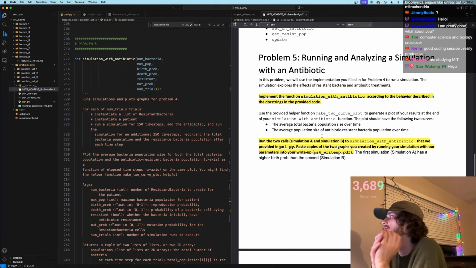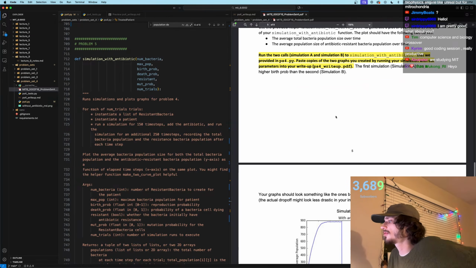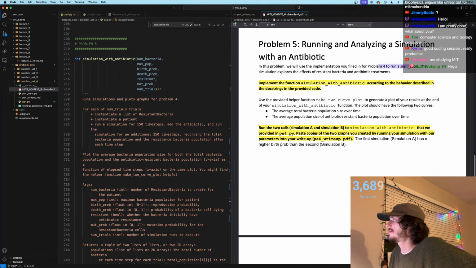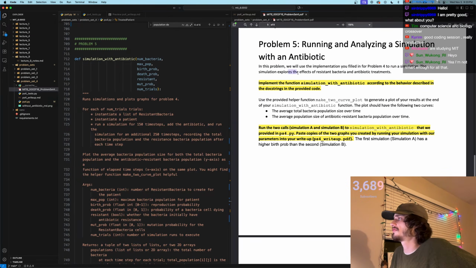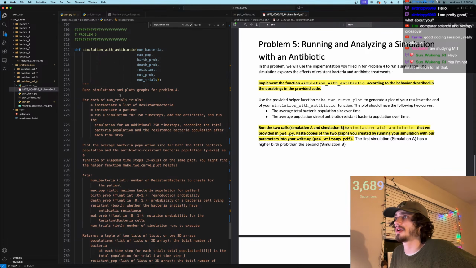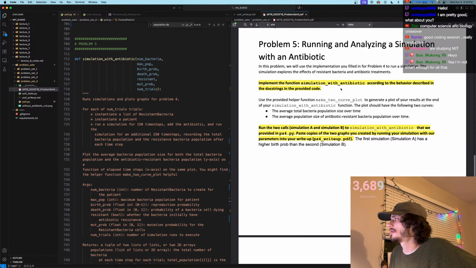In this problem, we will use the implementation you filled in for problem 4 to run the simulation. The simulation explores the effects of resistant bacteria and antibiotic treatment. Implement the function simulation with antibiotic according to the behavior described in the docstring with the provided code. Use the provided helper function make two curve plot to generate the plot of your results at the end of your simulation with antibiotic function.